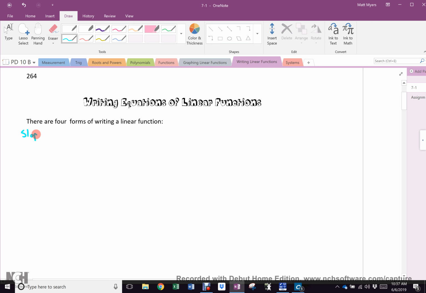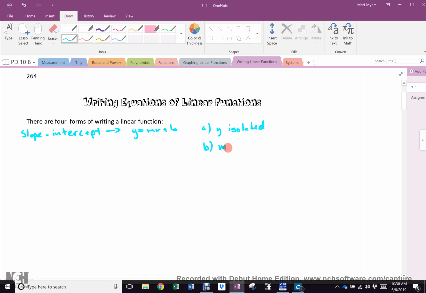Slope-intercept. Which you already know is y equals mx plus b. How do you know you're in slope-intercept form? What are some of the features? y isolated. If y is isolated, we're good.